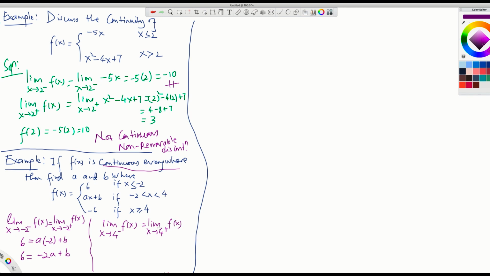Which piece should I pick for the left? I pick this piece, and then you plug in x equals 4. So 4a plus b equals -6 on the right, because for x greater than or equal to 4, you pick that piece. Now you got two equations, right?